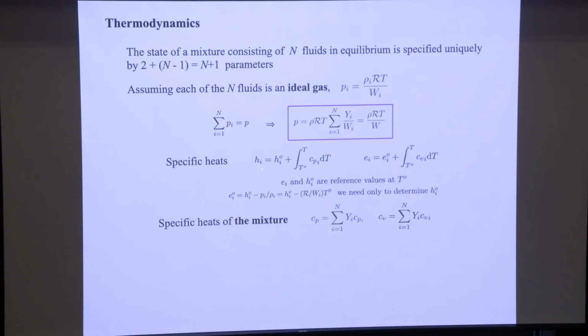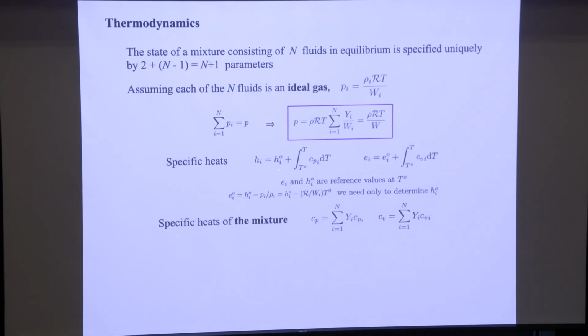Okay. The next thing is we want to introduce specific heats. So we talk about the enthalpies Hi of each species. Remember the enthalpy is related to the internal energy like before by E is H minus P over rho. So you just put an i for each species.